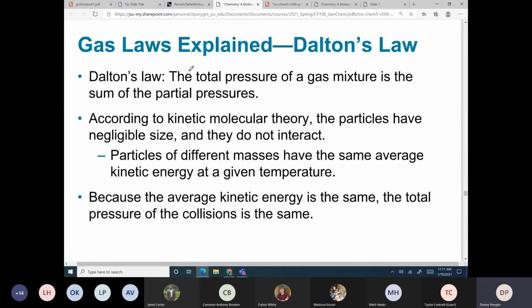Dalton's law says the total pressure of a gas mixture is the sum of the partial pressures. In other words, the total pressure is the sum of the individual pressures of each component of a gas mixture.